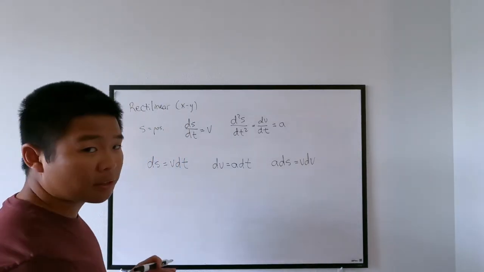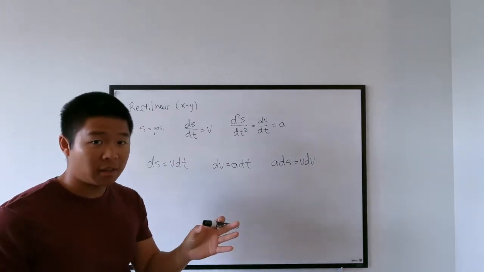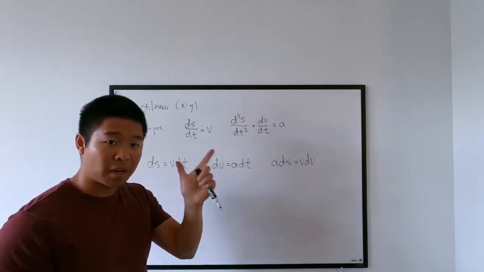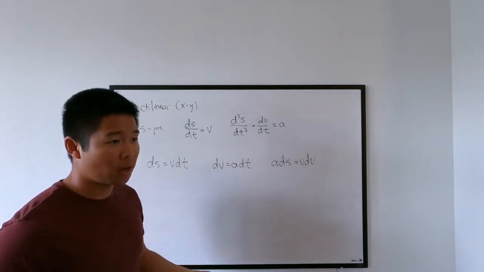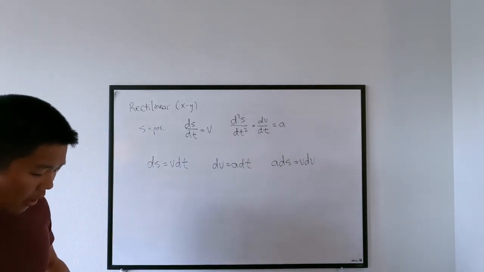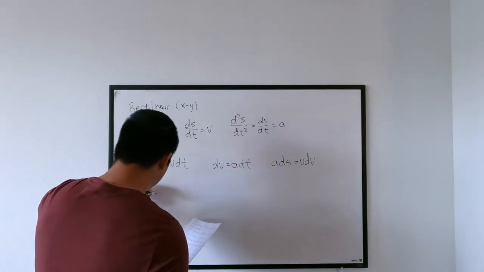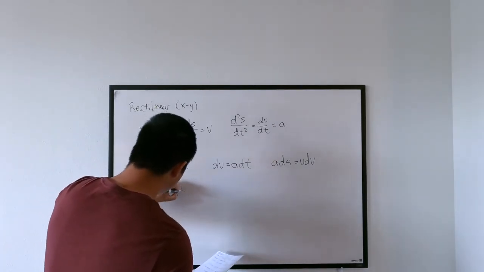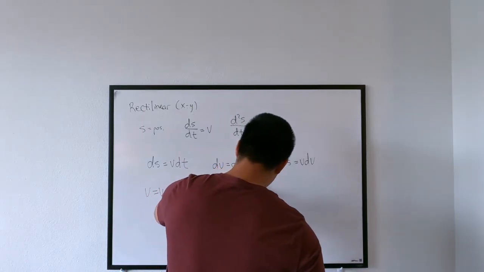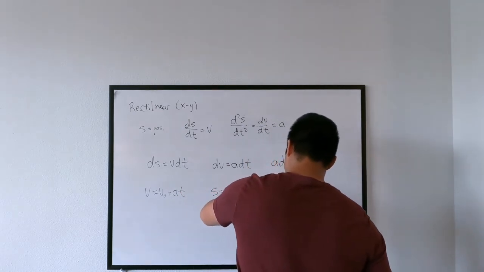Now, if our acceleration is constant, which the problem will tell you, if it says either no acceleration or the term constant velocity, which of course means no acceleration, then we get the following equations. v equals v naught plus at. In addition, we get s equals s0 plus v0 times t plus 1/2 a t squared.